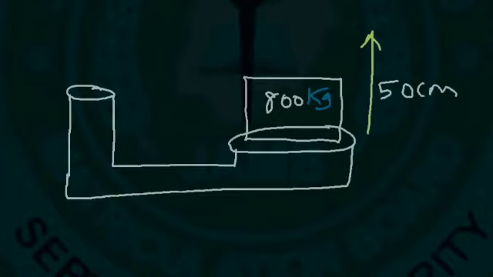And let's say that the radius of this portion of the hydraulic lift is 60 centimeters, and the radius of this circle is 10 centimeters.